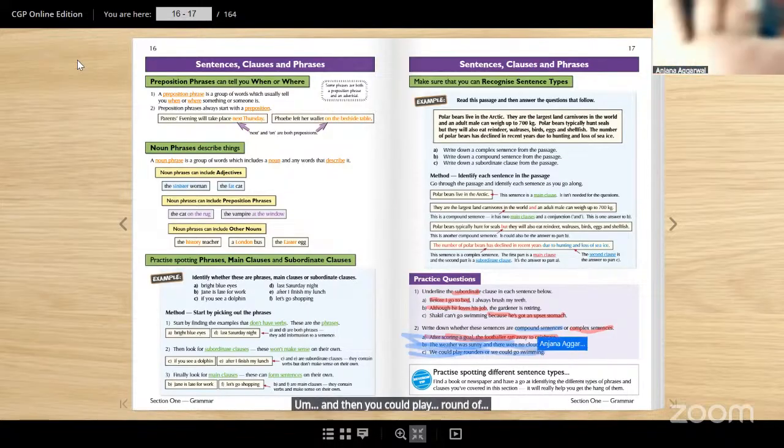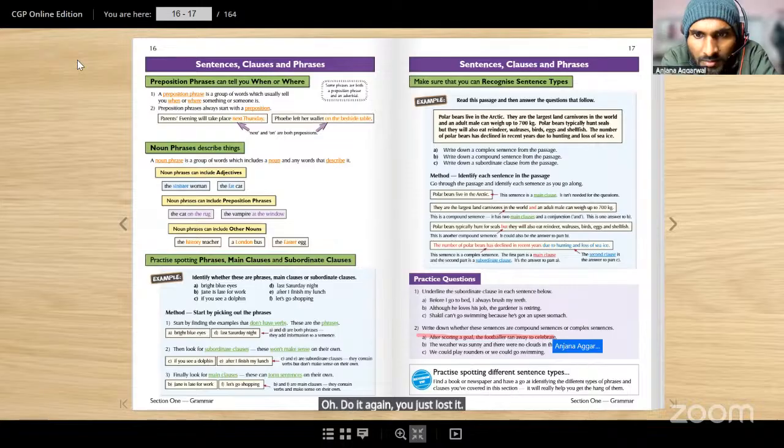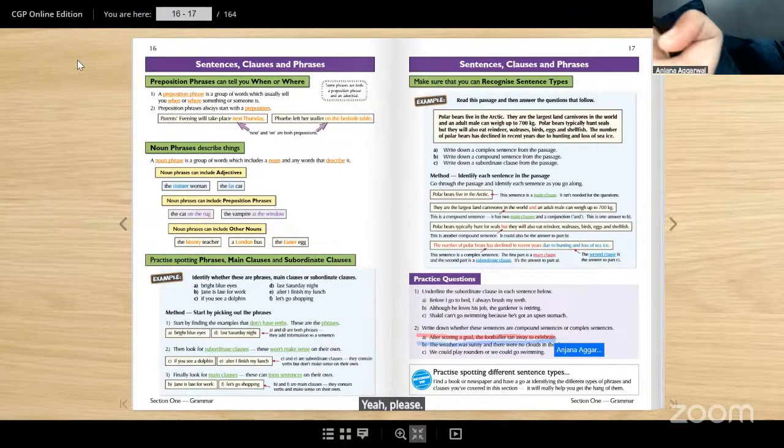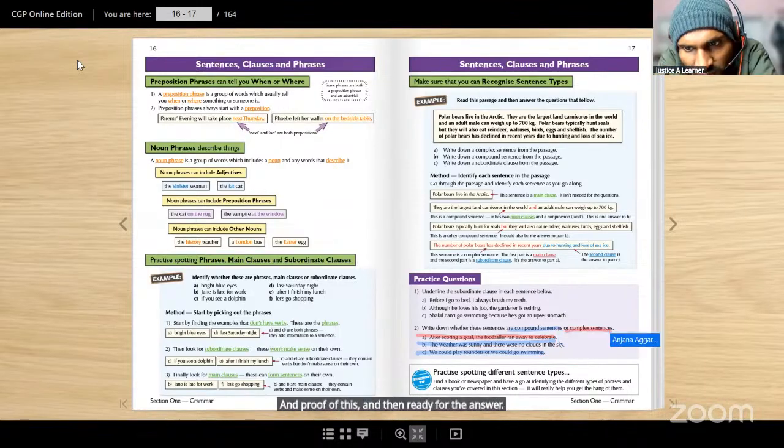Do it again, you just lost it. Blue for this, and then red for the other. So you use red for complex, right? And blue for compound.